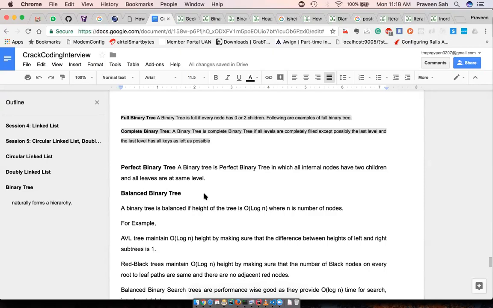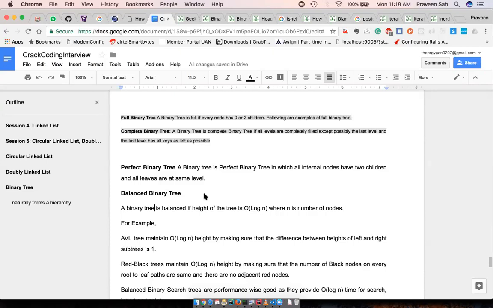If it is more towards a skewed structure, those benefits will not be there. What is the time complexity of inserting a node in a tree? It depends on the structure.